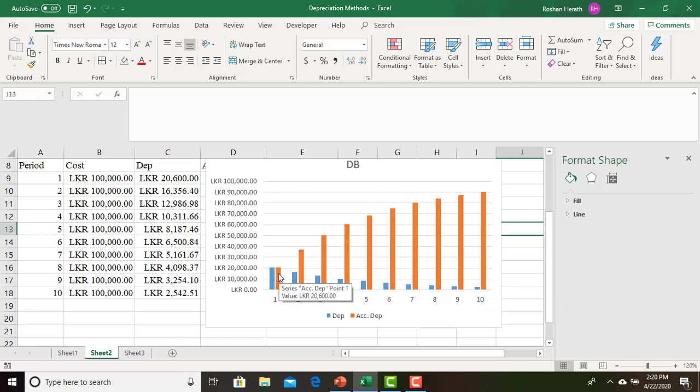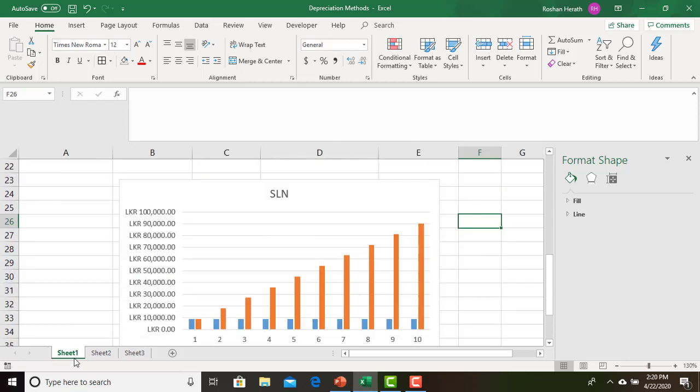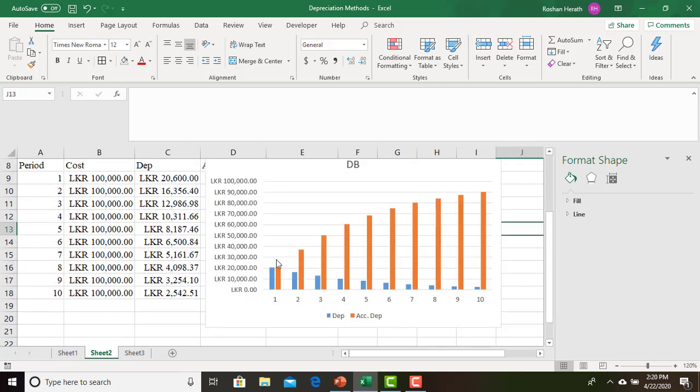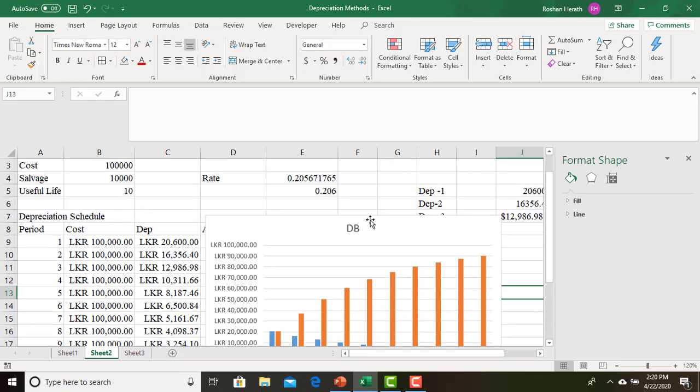In the initial period, higher depreciation is charged, but as the asset ages, a lower depreciation per annum is charged. If I just go back to the previous one, you can see that the same depreciation amount was there, but now you can see that there's a declining trend. So the depreciation is continuously reducing. That is one of the important things that you would witness over here.